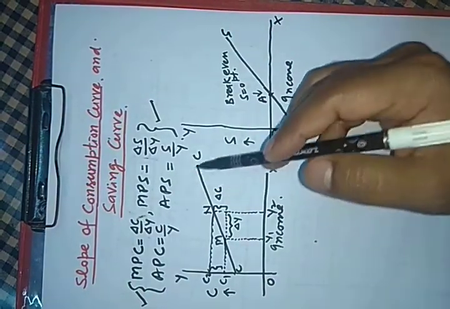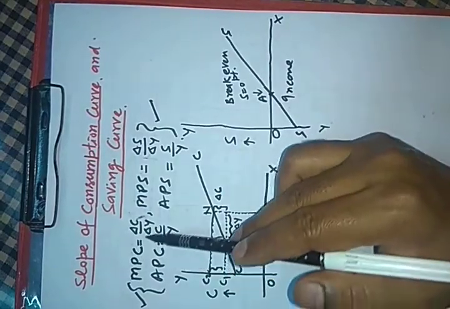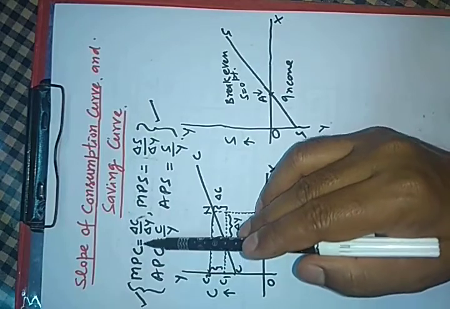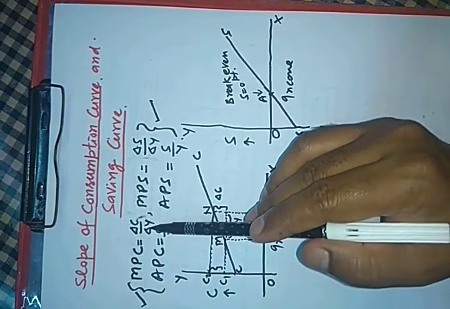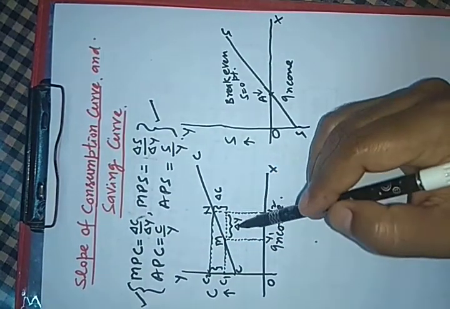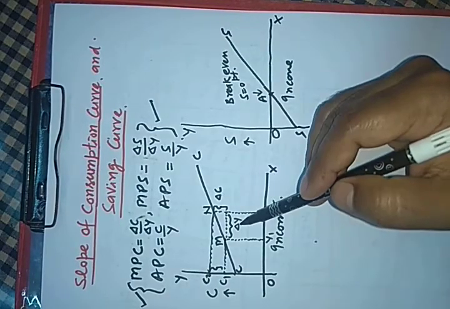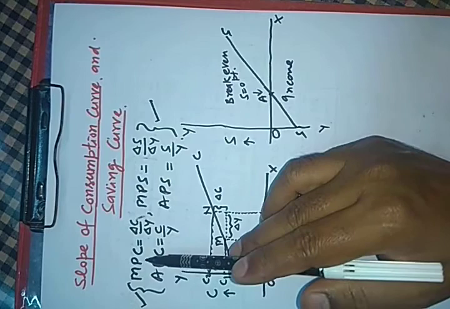So you have already understood this concept, that MPC is denoted as change in consumption over change in income. It means the ratio delta C and delta Y denotes the MPC.